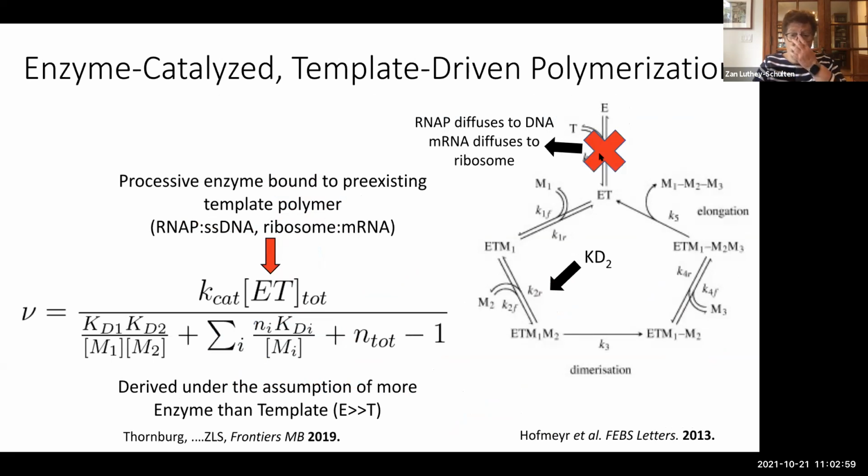And that changes this formula slightly. But again, there are still 2 terms that are proportional to 1 over the monomer concentrations, and then the total length of the template that you're trying to copy or to make. So this had to be re-derived from Hofmeier's original treatment.